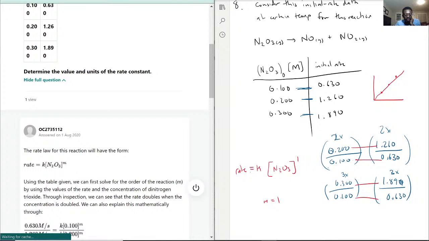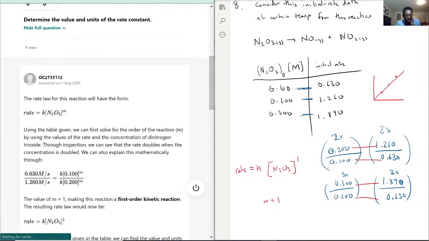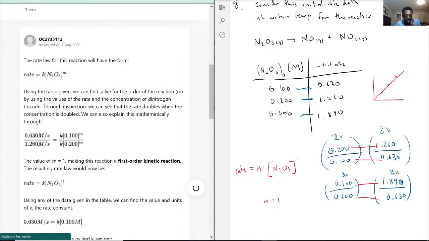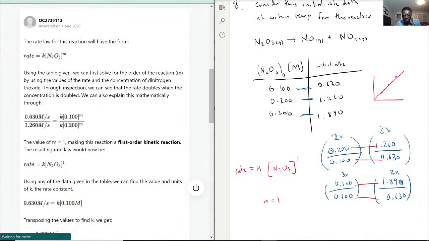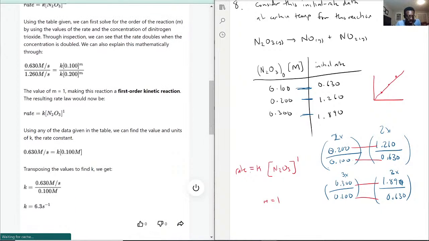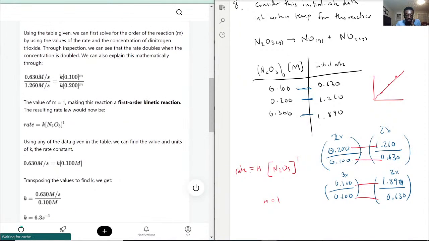Okay, so let's see here. Yep, they show here that it was a 1 to 1. So the first order, and exactly. But they do go forward in terms of establishing what the actual rate is.